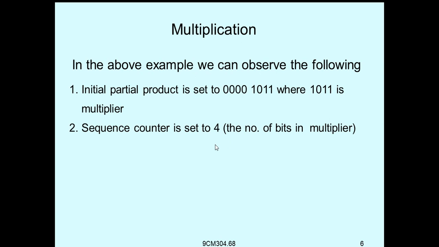In this example, the number of bits of the multiplier can be set to 4, counter 4.